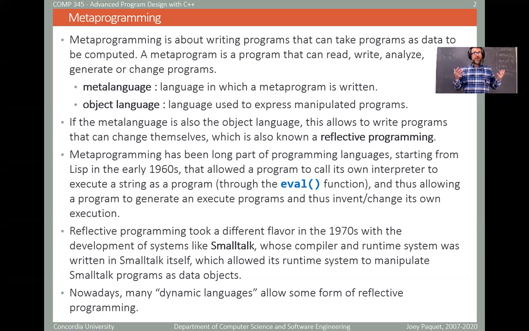Arguably, if you can use a language to develop a runtime system and compiler, then that's a very good language. Plus, it also potentially allows the runtime system to manipulate programs as objects, which is kind of the ultimate form of metaprogramming and reflection.